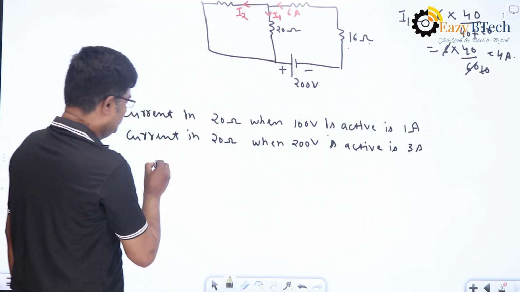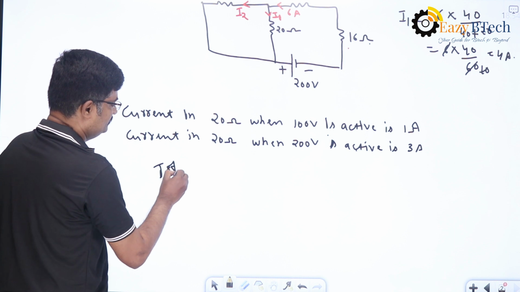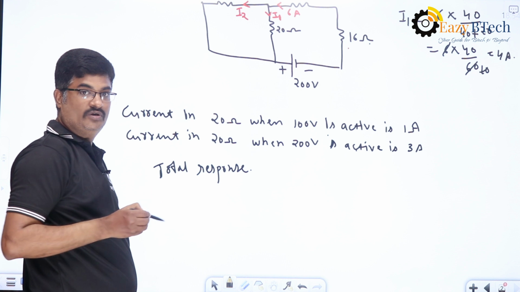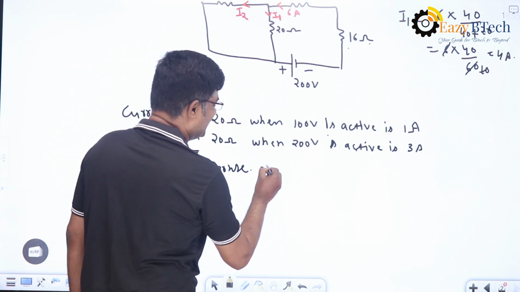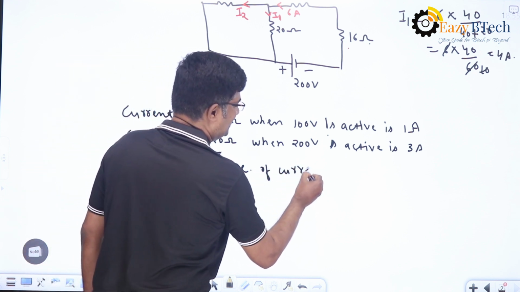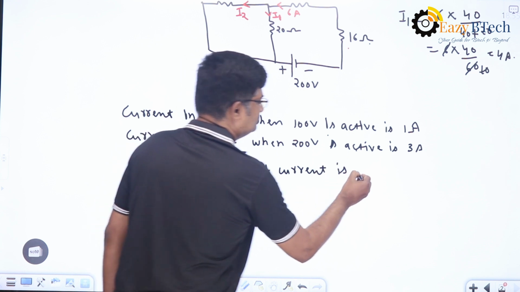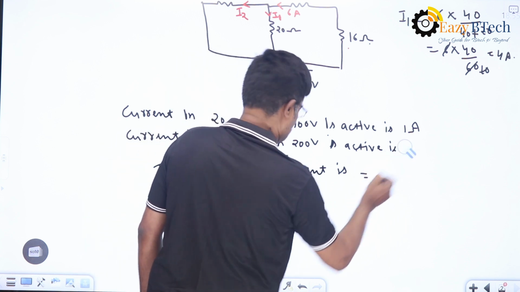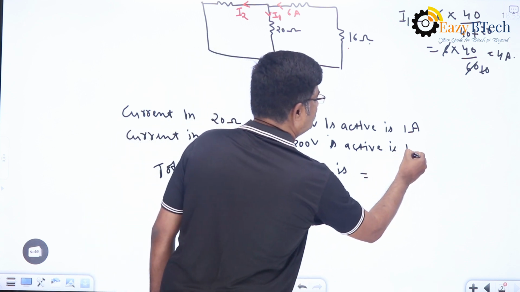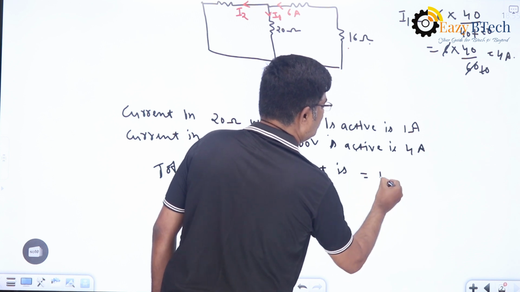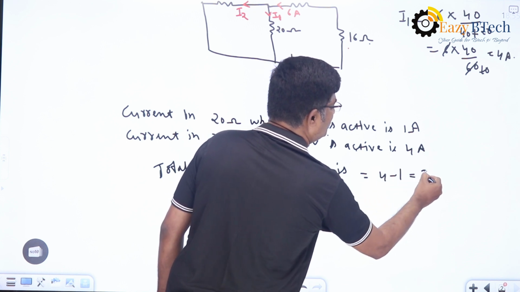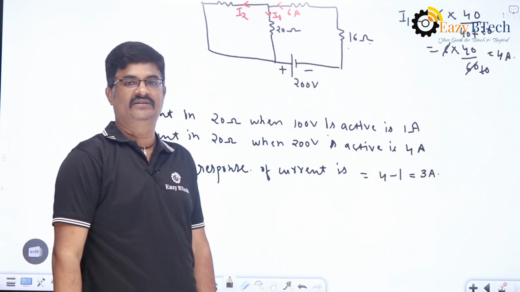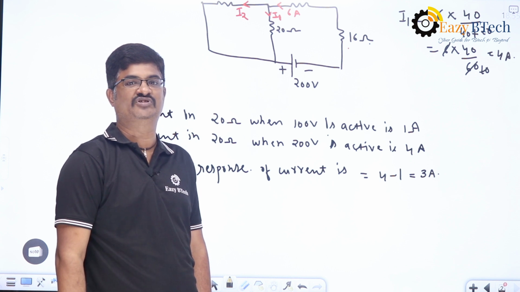So here the total response of current is, oh here I got 4, no? So it is 4 amperes. So here 4 minus 1, which is equal to 3 amperes. So this is how we'll be finding the current in the 20 ohm resistor by using the superposition theorem.